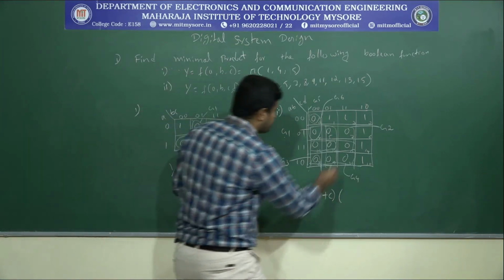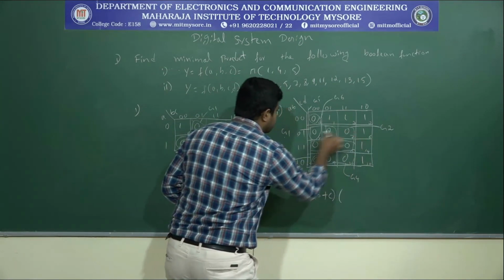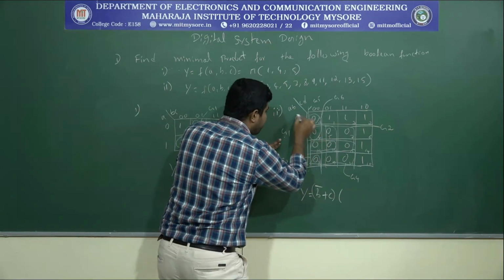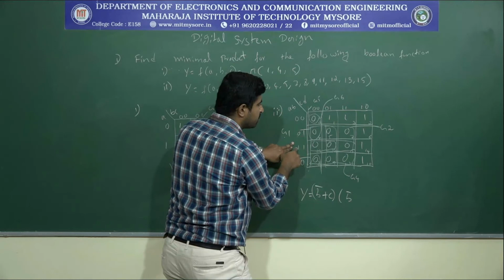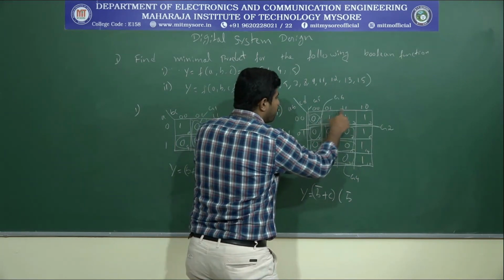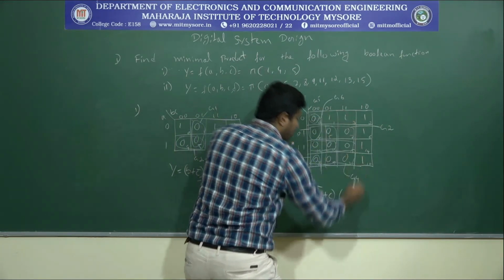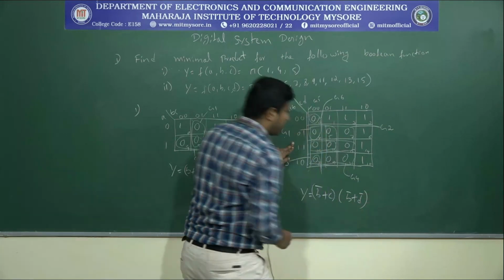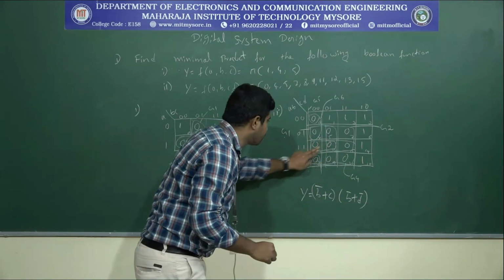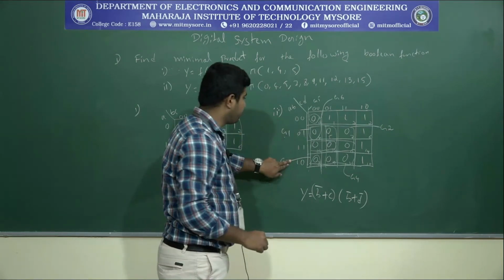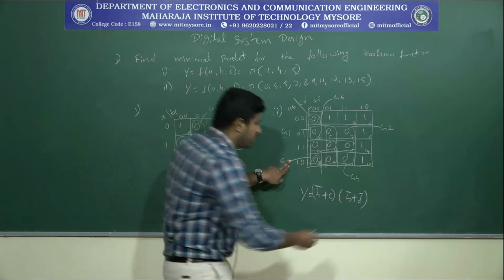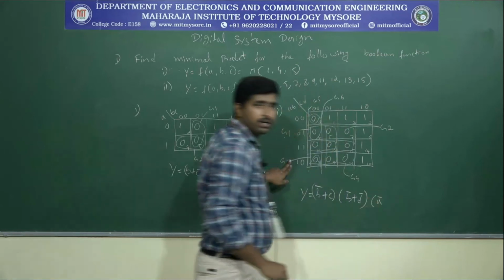Next, this group corresponds to B bar, because A won't appear here. Next, if you look here, D is equal to 1, so that is D bar. Next, for this group 1, 1, 0, 1, B won't appear, so A is equal to 1, which means A bar.